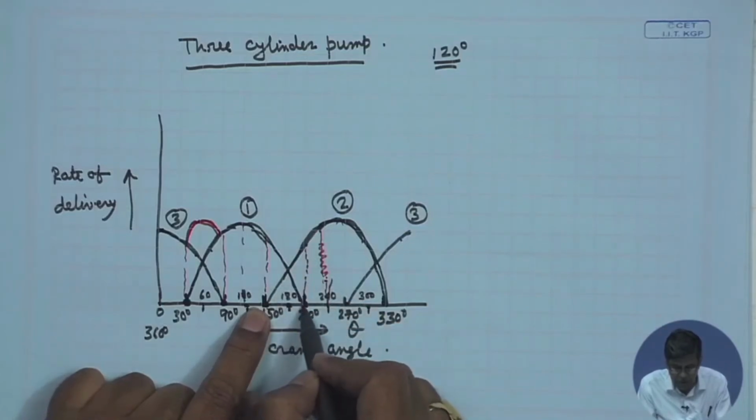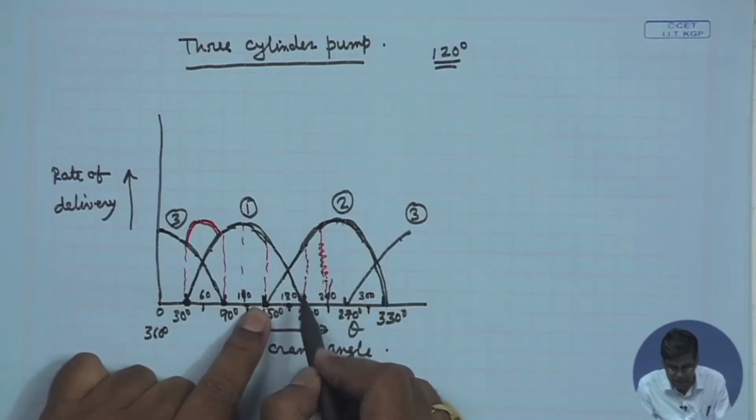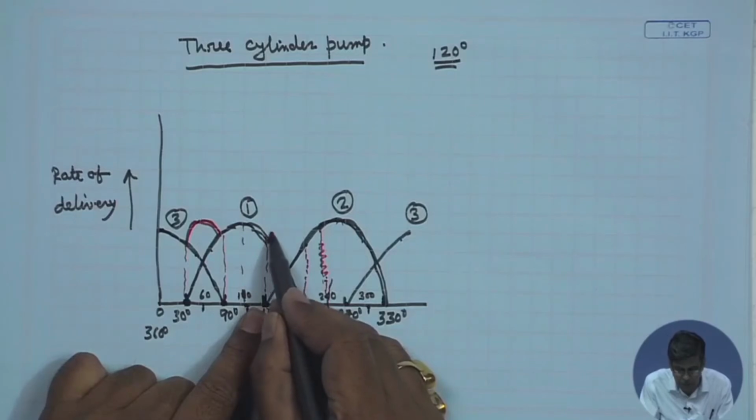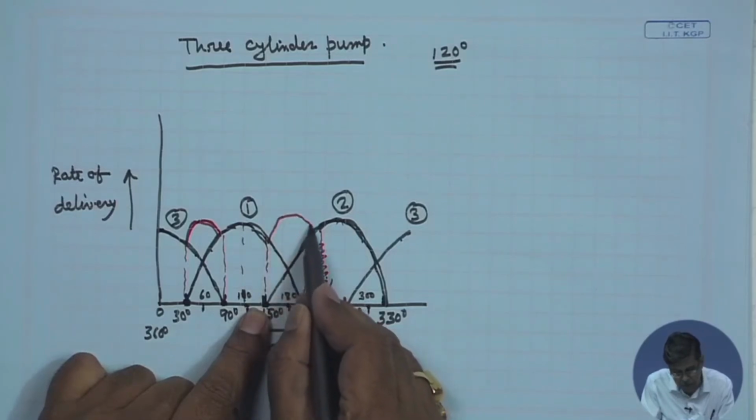Therefore, in between this crank angle, the net discharge will be the sum of the discharge from cylinder 1 and cylinder 2, and if you add this, it will be like this.